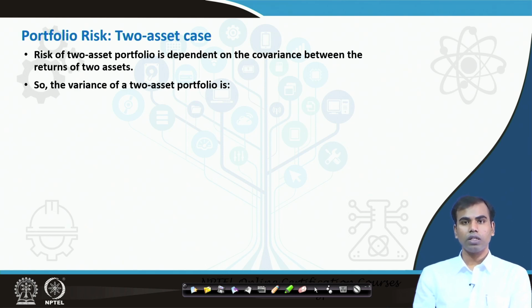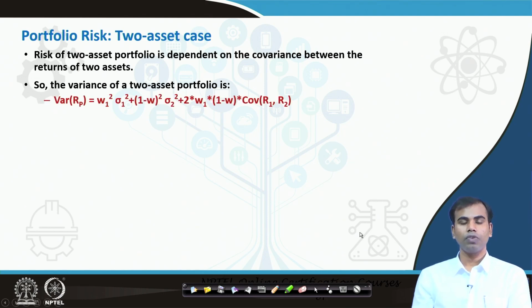So, we know that the risk of a two asset portfolio is dependent on how these assets are related, or how the covariance of these assets are related with each other. So, we can try to calculate the variance of a two asset portfolio using this formula, which is basically the variance of return on portfolio.